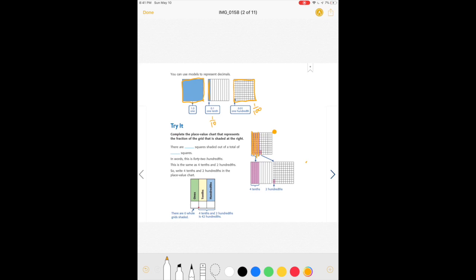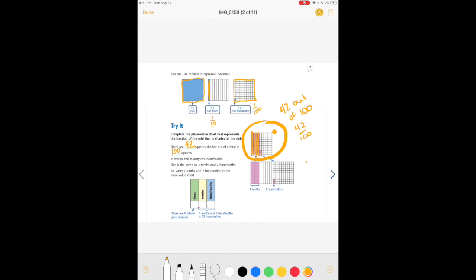So there are 42 squares shaded out of this whole square, which is 100 squares. In words, this is 42 hundredths, or 42 out of 100, because there are 100 pieces total, and there are 42 colored in. 42 would be our numerator. 100 would be our denominator.